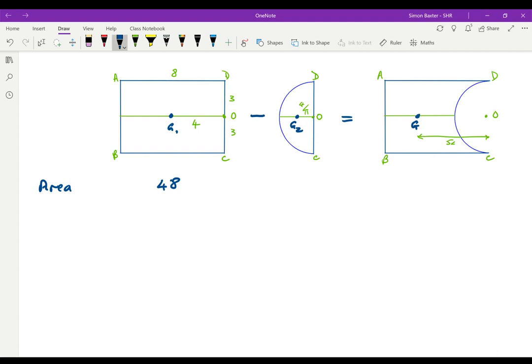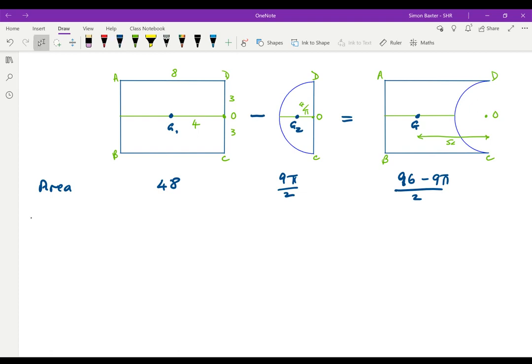Well, the radius is 3. Pi r squared is 9 pi, so that is 9 pi over 2, half of the area of the circle. And that means that this is 48, which is 96 over 2, minus 9 pi. So that's 48 minus 9 pi by 2.